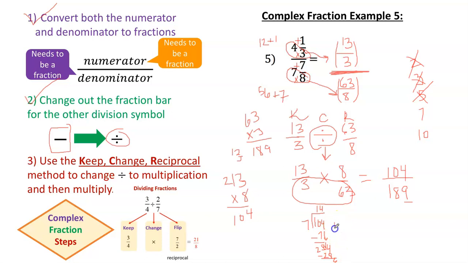If I have a remainder, then that means that it was not divisible by 7 without a remainder. So 104 is not divisible by 7. So 7's out. For them to be divisible by 10, they would have to end in 0.